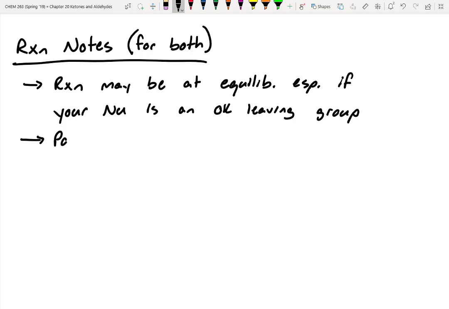All right, product can be favored a few different ways. So first thing you can do to favor your product is use a very unstable nucleophile.